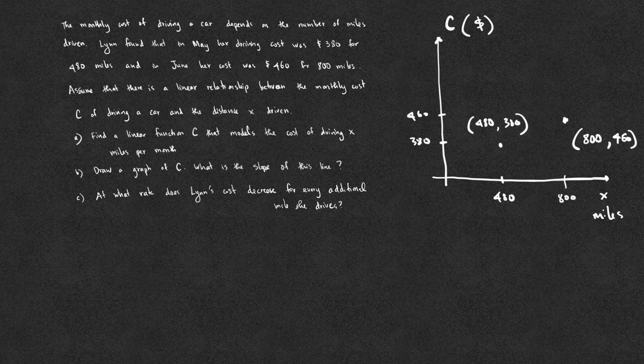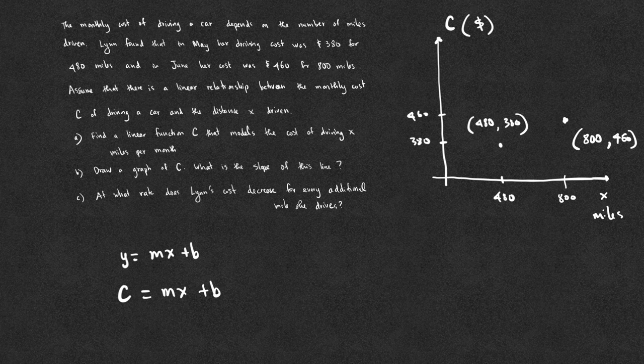Those are the 2 points that we will need to find the equation of the line. We're looking for the equation y equals mx plus b. Specifically, we're looking for C equals mx plus b, where C is the cost in dollars and x is the number of miles driven.